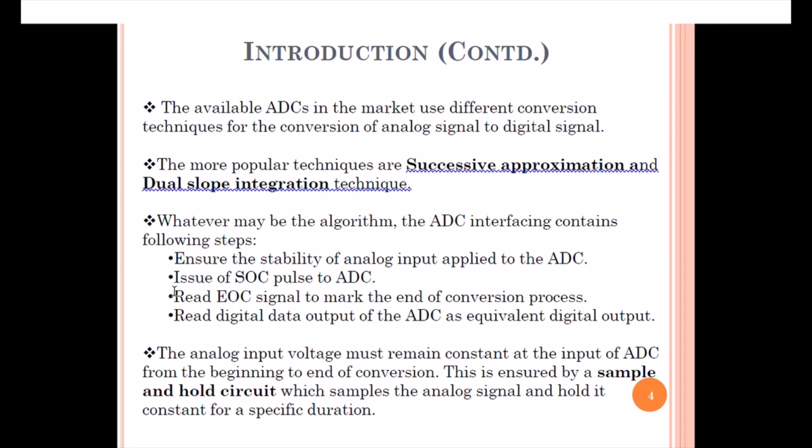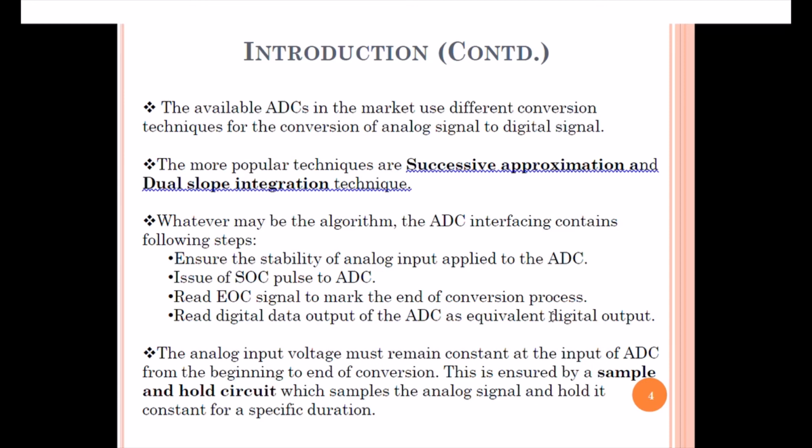Next step in programming is issuing the SOC pulse to ADC. We have to send an SOC signal, that is 0, then 1, and then 0, to ADC. Then read the EOC signal to mark the end of the conversion process.